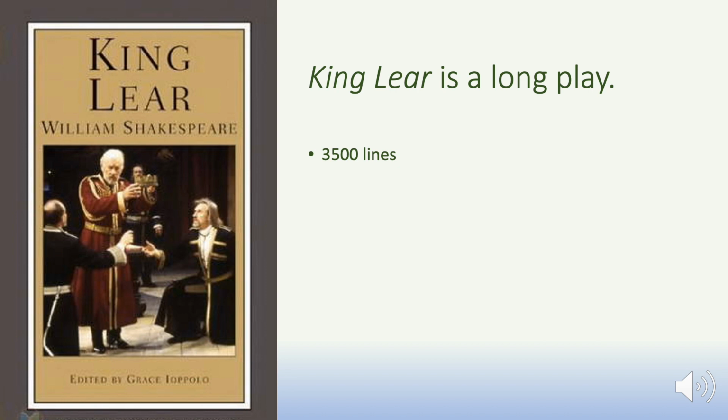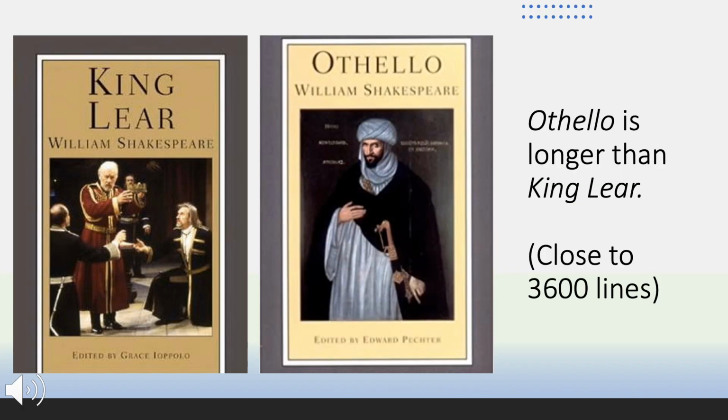It has about 3,500 lines, and therefore you may say that King Lear is a long play. The word long is an adjective that describes the noun play. So, when we spoke about King Lear alone, it was enough to call it a long play.